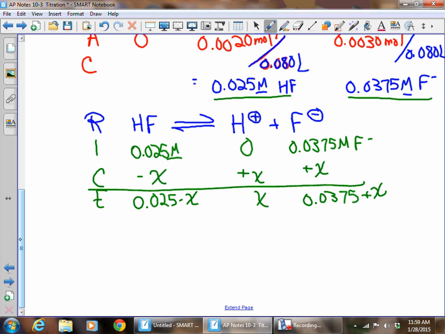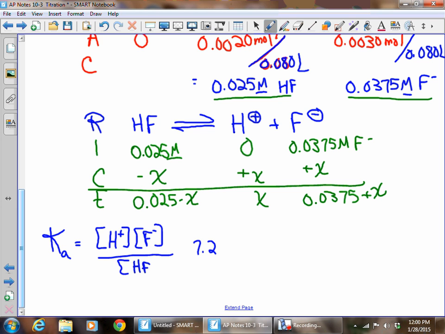So now I'm ready to write my equilibrium expression. Ka is going to be equal to H plus times F minus over the HF. Ka for this particular acid, it gave it to us up above, when in doubt, go to the top of the problem, 7.2 times 10 to the minus fourth.